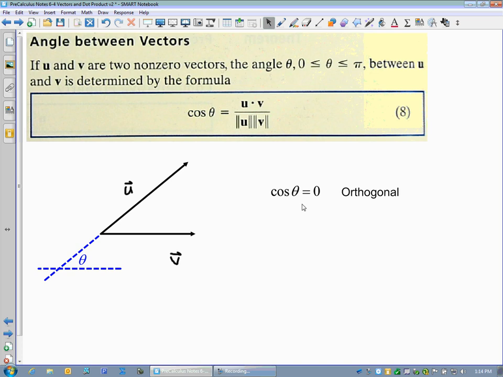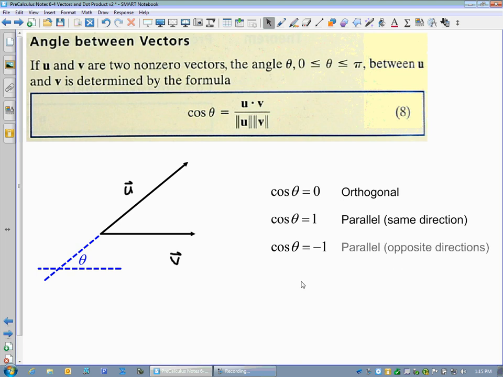The other special situations you can see is if the cosine of theta is 1, after you replace all the values here and simplify it, if you get cosine theta equals 1, that means that the angle would have to be 0. Theta would have to be a 0-degree angle, which means your two vectors are parallel, but in the same direction. And the other situation that could happen is cosine could be -1, which would also mean that they're parallel, but this time they're in opposite directions.